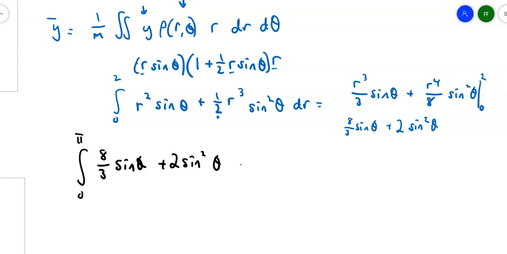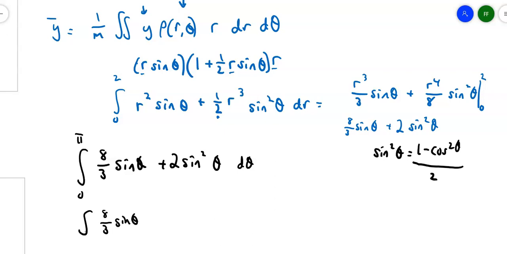Well, we could do some sort of a trig reduction formula to get rid of that sine squared theta, but isn't it true that I can write sine squared theta as 1 minus cosine 2 theta over 2? Yes, that's what I'm going to do. So I'm going to rewrite this as the integral of 8 thirds sine theta plus 1/2 minus 1/2 cosine of 2 theta.